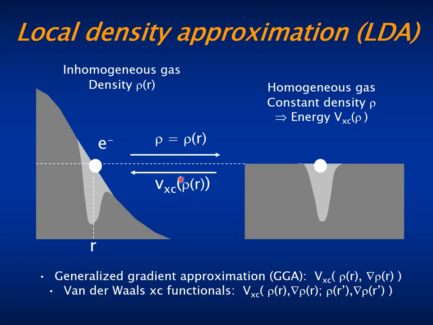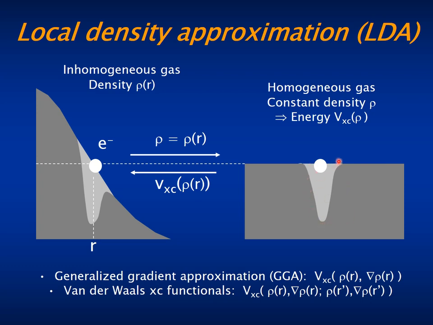To calculate this potential, what we do is to assume that we have a system of constant density equal to the density at that point, but constant, and then we calculate the so-called exchange and correlation hole that the electron forms by depleting the probability of finding other electrons nearby using quantum Monte Carlo methods, which are very accurate.